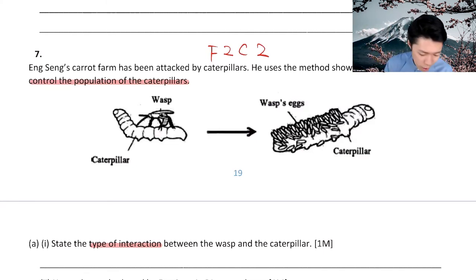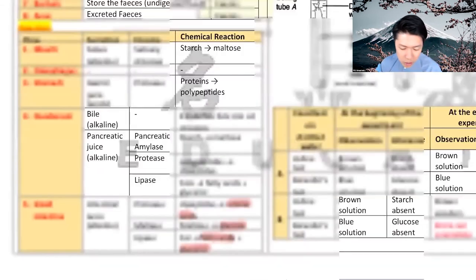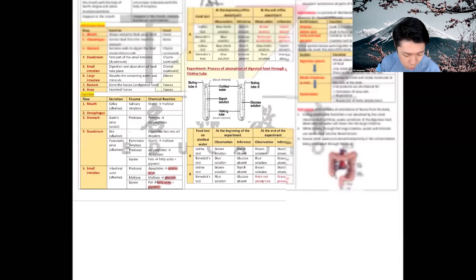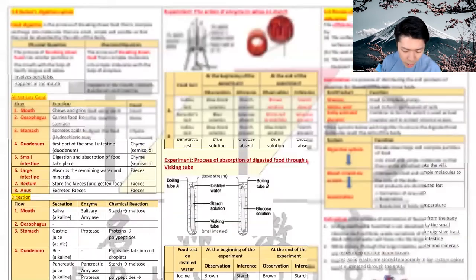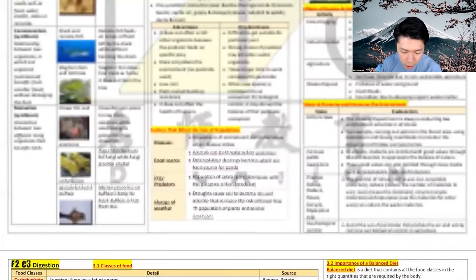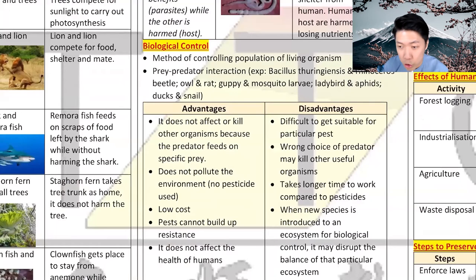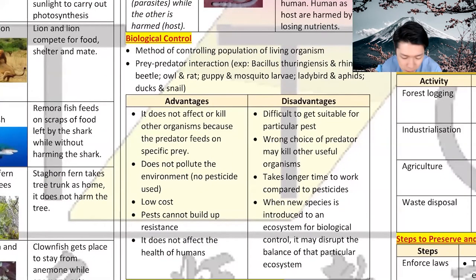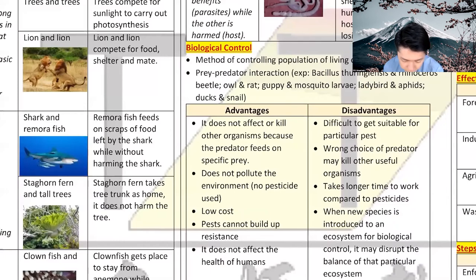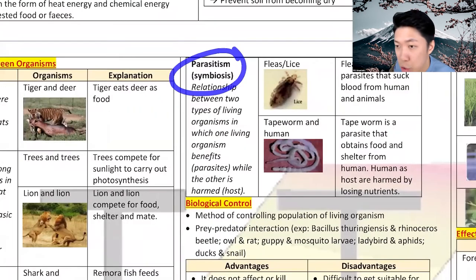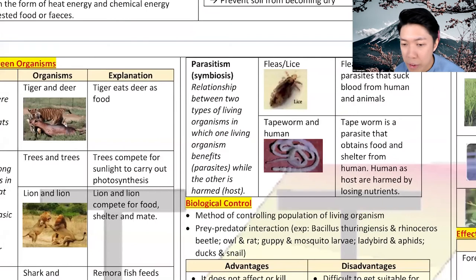Okay, so if you are not too clear of what this is, please turn to your Form 2 chapter 2 introduction, or anyways, it's here called the biological control method. But the interaction here is under parasitism. Yes, good job, everybody. Parasitism.